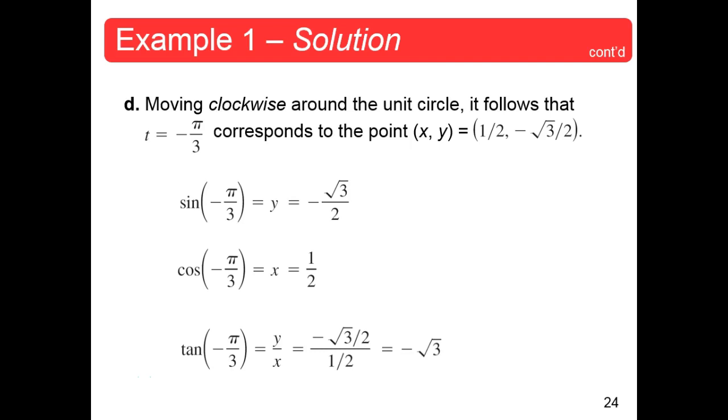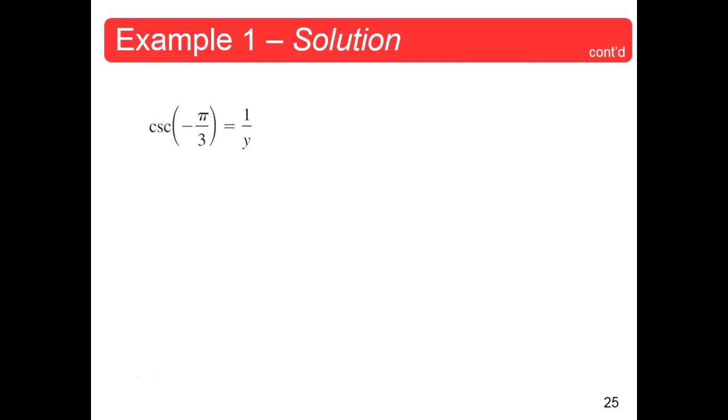All right. Then they go up to cosecant, which would be the reciprocal of that, which would be negative 2 root 3 over 3. There it is. The secant, which is 1 over the cosine, the radius over the cosine, 1 over x, and that would be 1 over 1/2, which is 2.